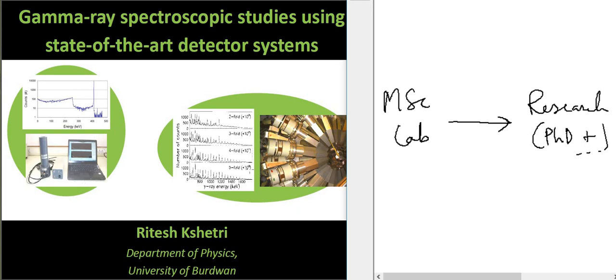And on the right side, this is what I am talking about, the research level. This is one of the very important state-of-the-art arrays, the Gammasphere array. And what we are observing is just a gamma spectrum. Of course, with so many detectors, things will be much more interesting over here. So let's proceed with this.